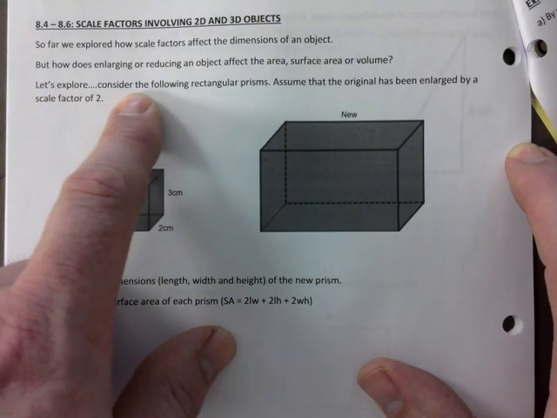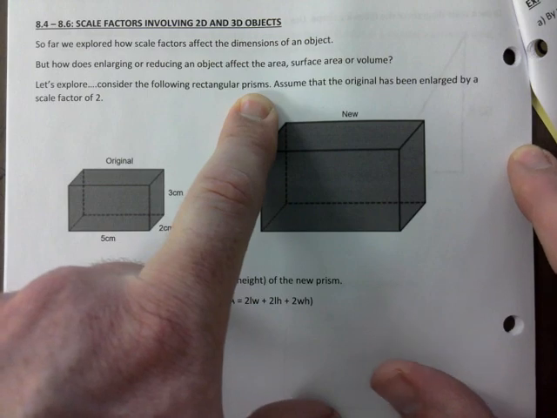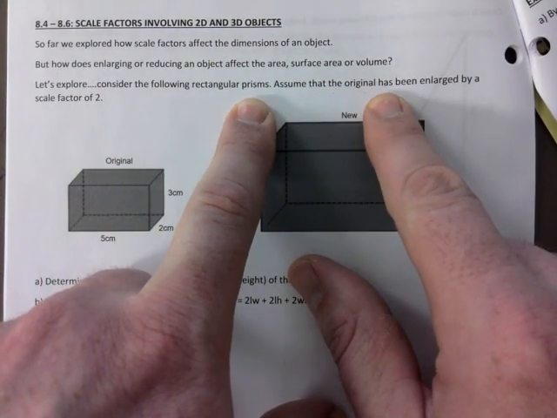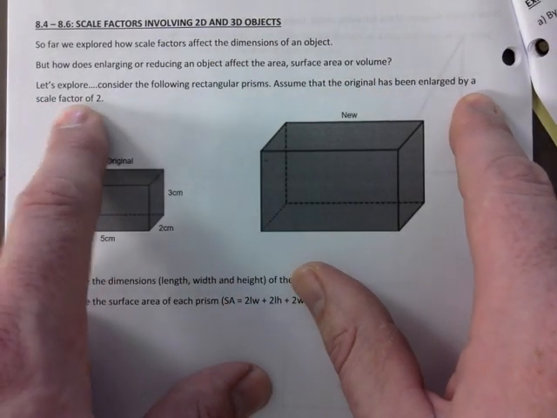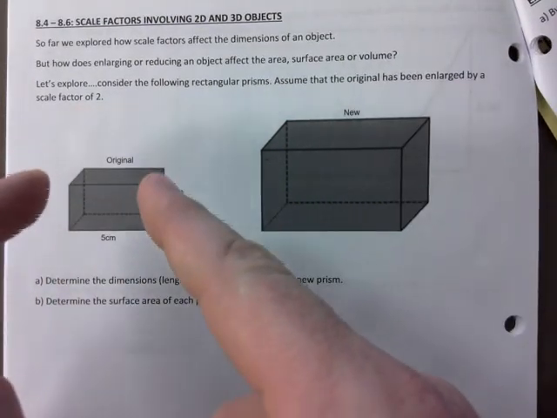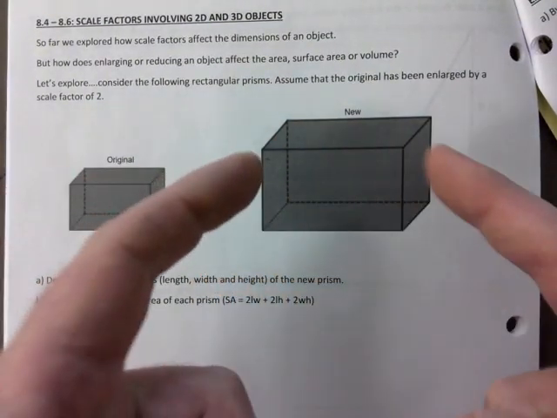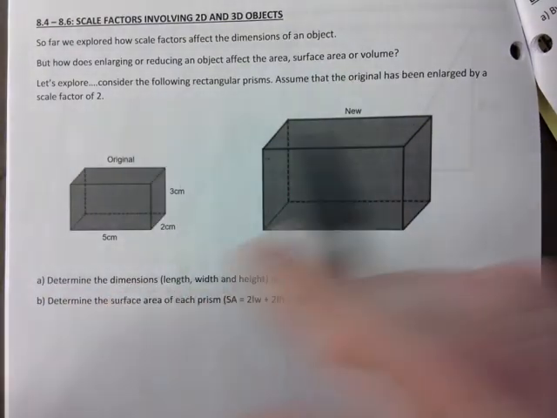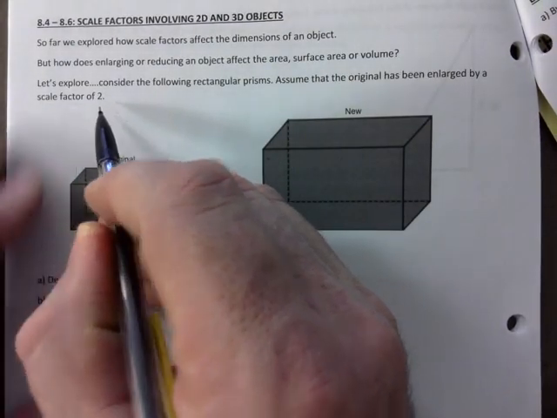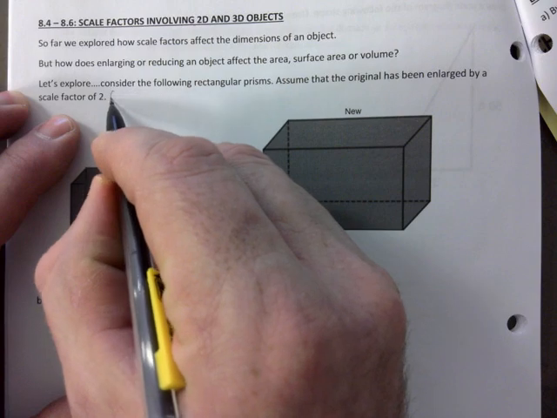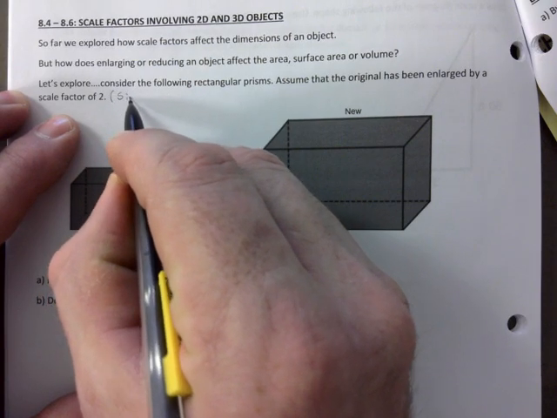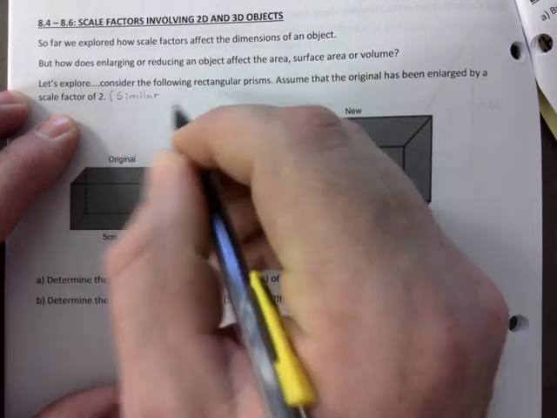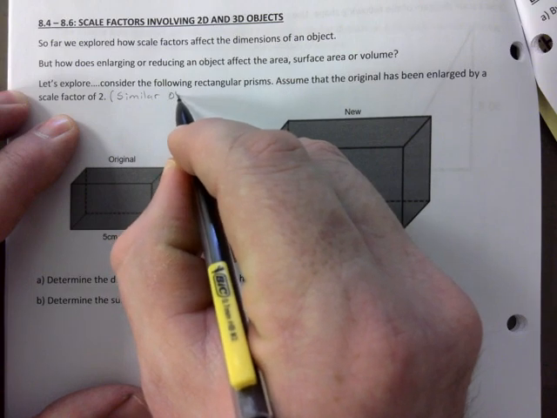So let's explore. Consider the following rectangular prisms. Assume that the original has been enlarged by a scale factor of 2. So the original, we had this, and then we made a bigger version right next to it. When everything is affected by the same factor, we also say these are similar shapes or objects.